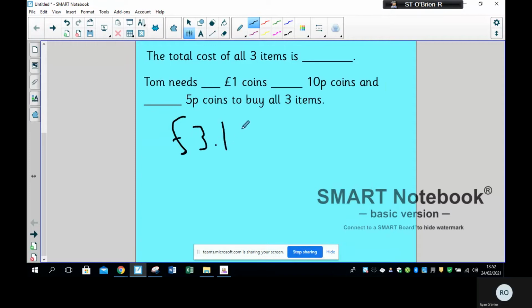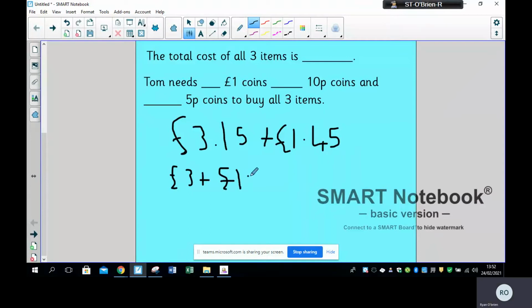£3.15 add £1.45. Let's try. I'm going to do this one the partitioning way. £3 add £1 equals £4. And then 15p add 45p equals 60p.